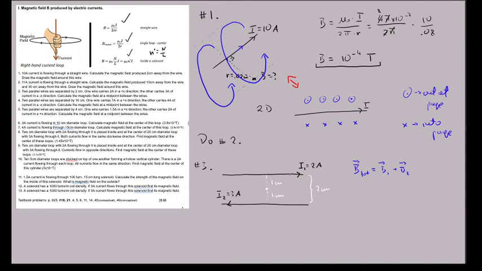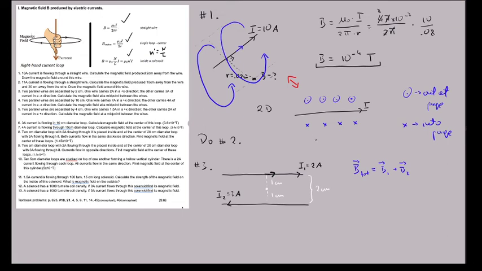So B1, which would be due to I1. The magnetic field at this point set up by current I1: if the current I1 flows in this direction, then take the thumb of your right hand, make it point in the direction of this arrow, and curl your fingers.